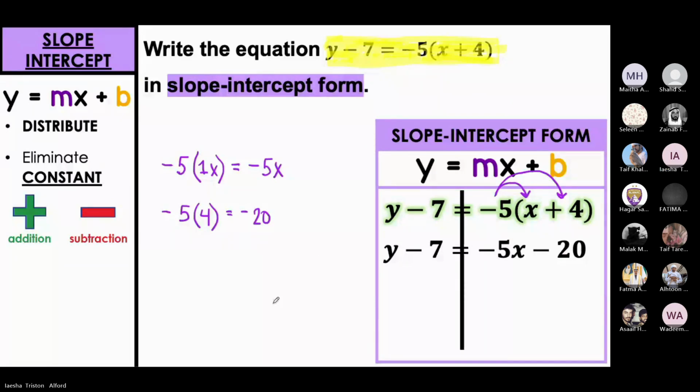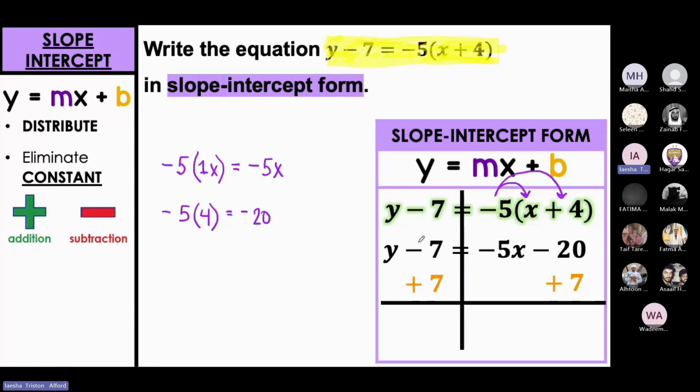Next step. Add 7 both sides. -7 add 7 is going to give 0. The y, you keep it down. The equal, you keep it down. The -5x, you keep it down. In the calculator, it is -20 add 7.